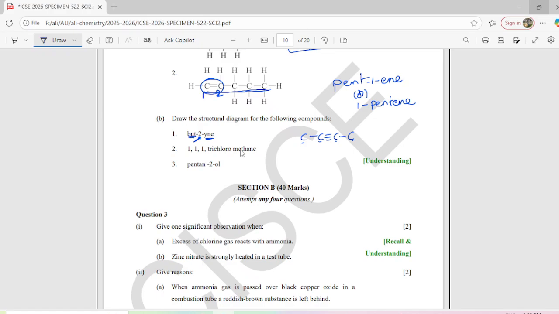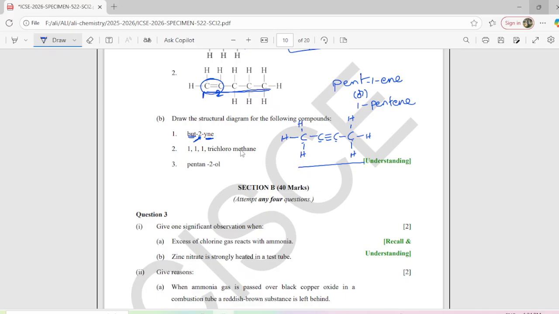And the remaining bonds of carbon must be filled with hydrogen. And always remember, each carbon must have only 4 bonds, not more than 4 and not less than 4. So this is the final structure of but-2-yne.